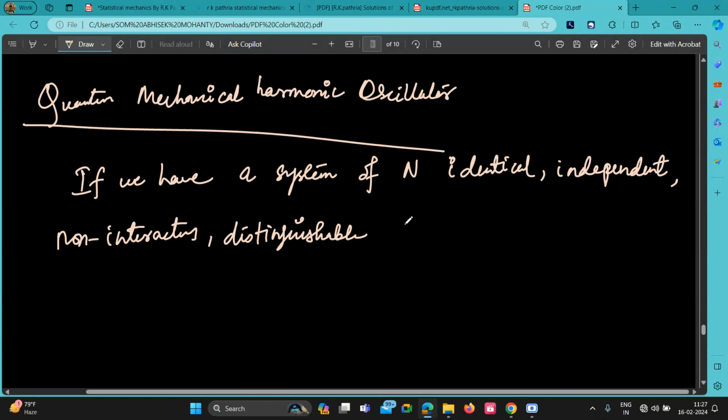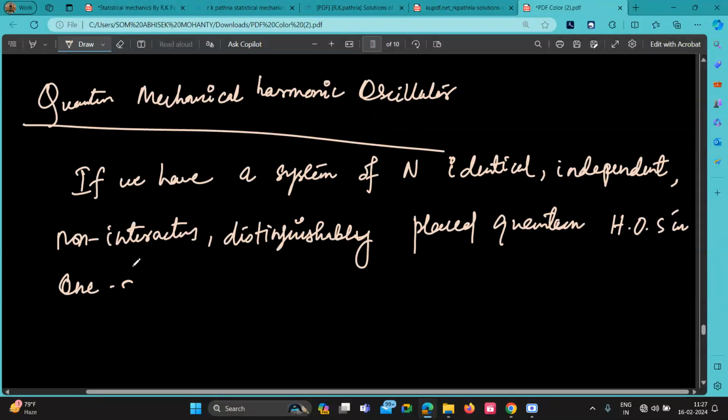Distinguishably placed quantum harmonic oscillators in one dimension. Okay, in one dimension. First of all, we'll see one by one what is the meaning of everything.